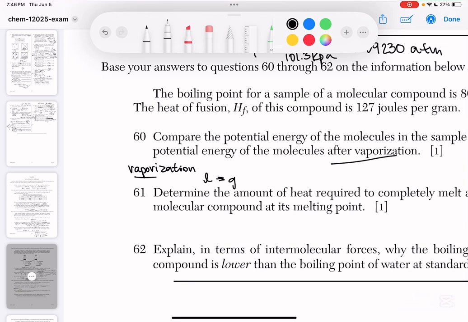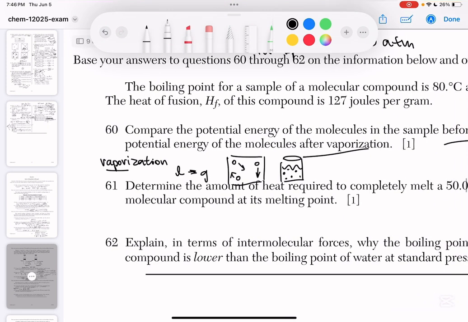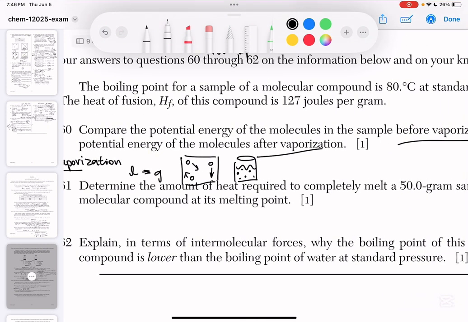So, do gases have more potential energy or liquids? Gases do, right? Gases have so much potential energy. They have the most potential energy out of any phase. They're zooming around all over the place. While liquids, they have more than solids, but they don't have as much as gases do. Gases are just going everywhere, while liquids are just in their little container.